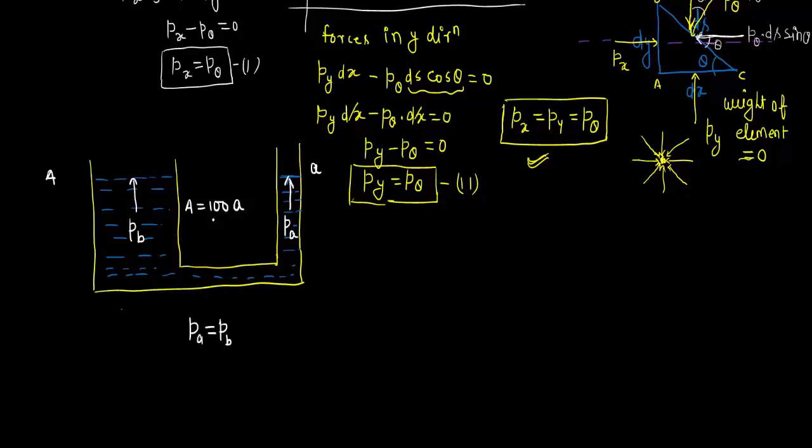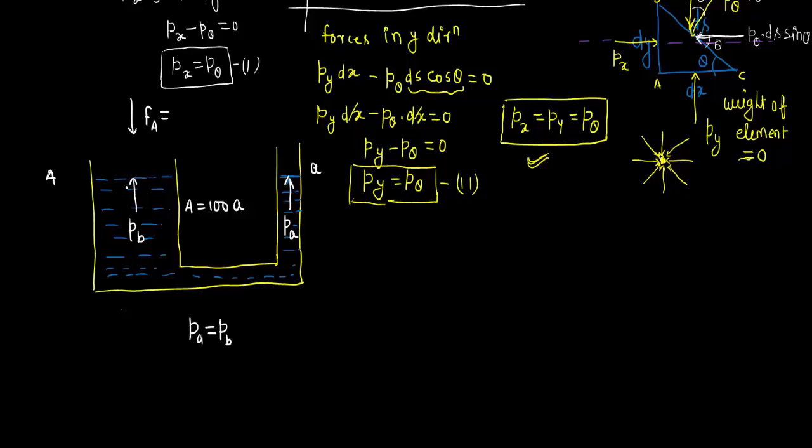Alright, so in this case, if I want to calculate the pressure force over this layer, this is the pressure intensity, A is the area, so the pressure force here I'm saying is Fa.